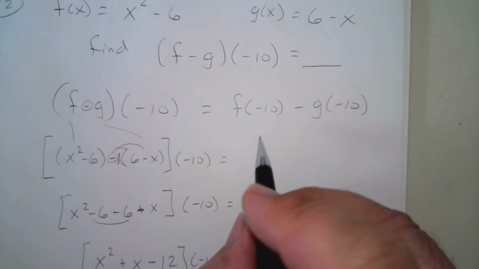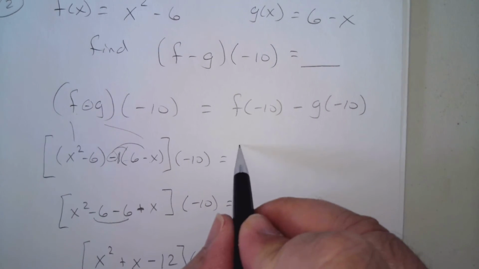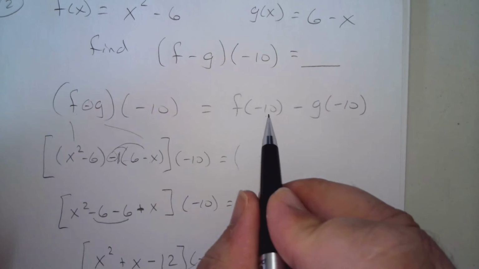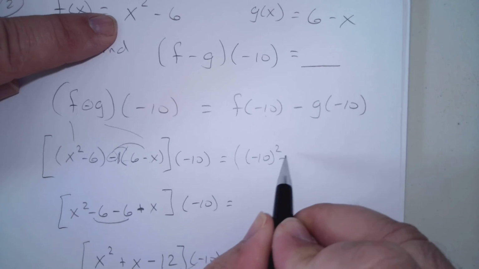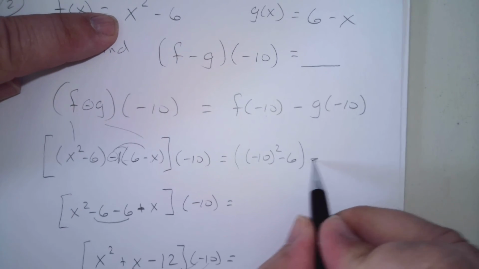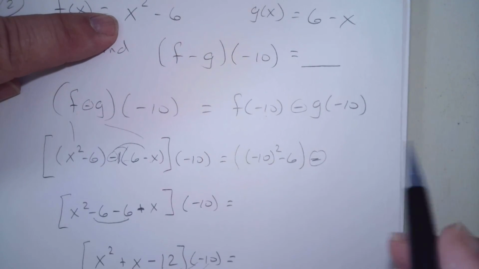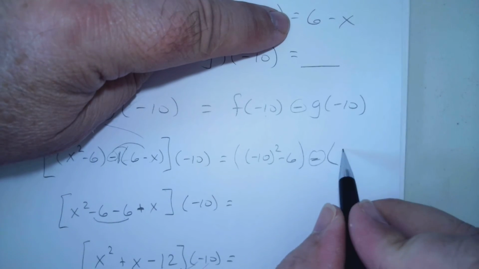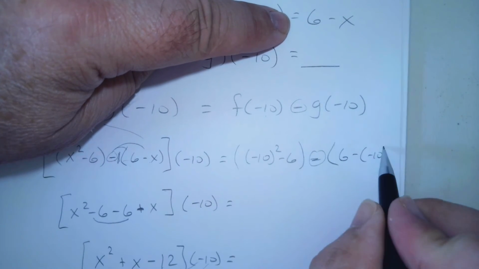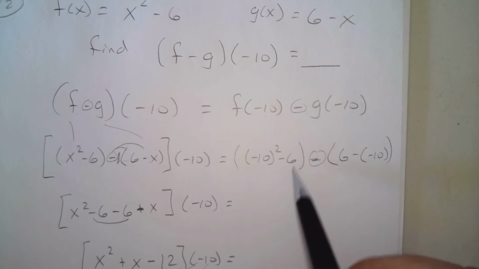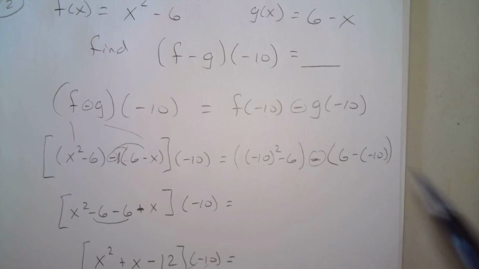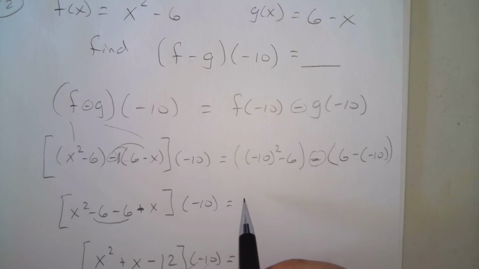Now let's do the easier side. So the first one, at negative 10, we have negative 10 squared minus 6, minus, there's the minus, 6 minus negative 10. So whenever you put a negative value inside there, always make sure you put parentheses around them.